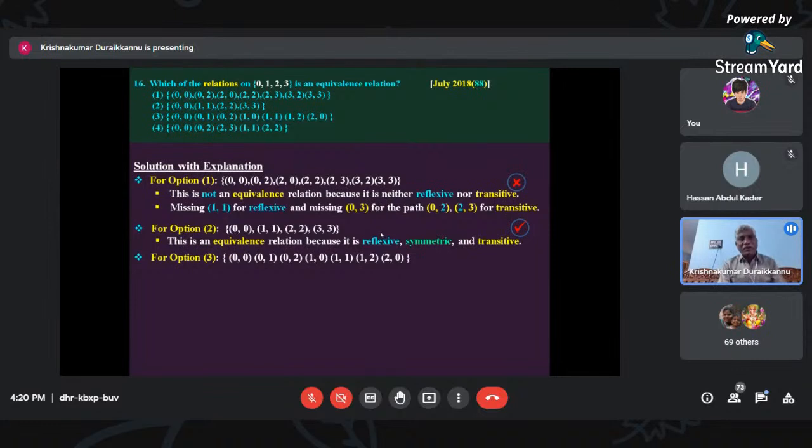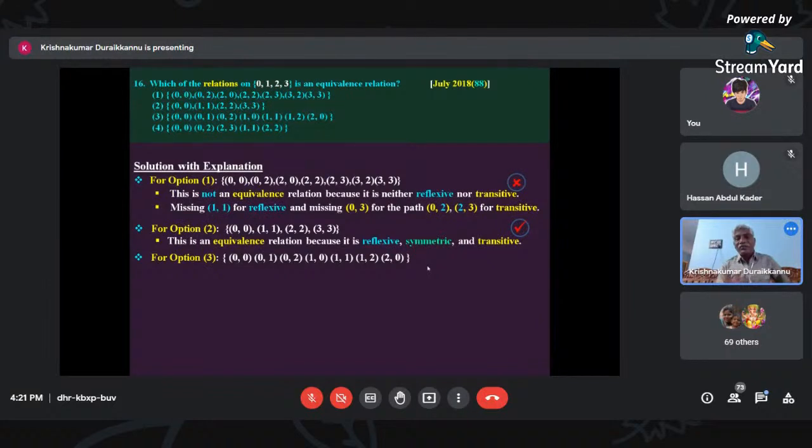So why are 3 and 4 not equivalence relations? Here (0, 0) is present, (1, 1) is present, but (2, 2) and (3, 3) are not present. First of all, it is easy to find out: if a relation does not satisfy reflexive, you can declare that it is not an equivalence relation.